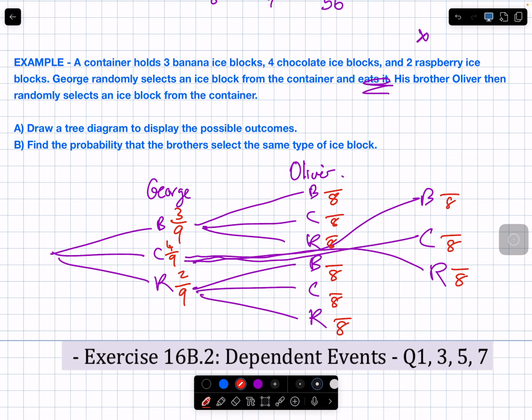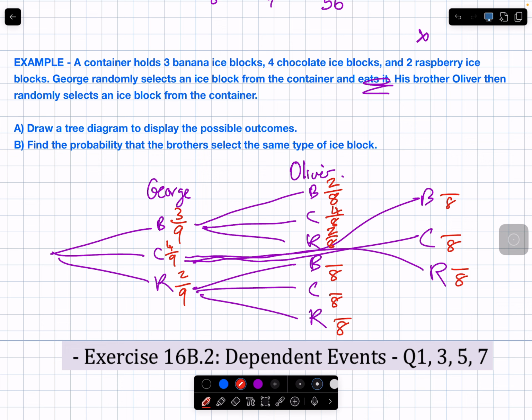But if George selected a banana, how many bananas will be left? 2. If George selected a banana, how many chocolates are going to be left? 4. Didn't get affected. And 2 raspberry. See the thinking behind that? You have to trace through. You can't just copy the numbers down.